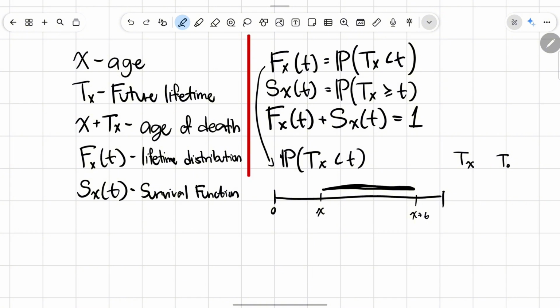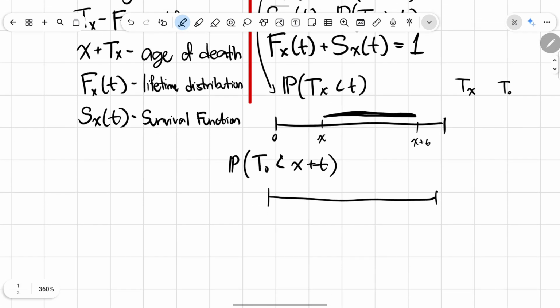Now, we want to use the random variables Tx and T0 to make this same timetable. So when we say the probability of T0 is less than x plus t, it's just saying that the future lifetime of a newborn person must be from 0 to x plus t.